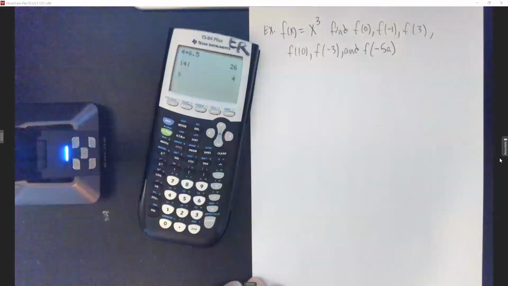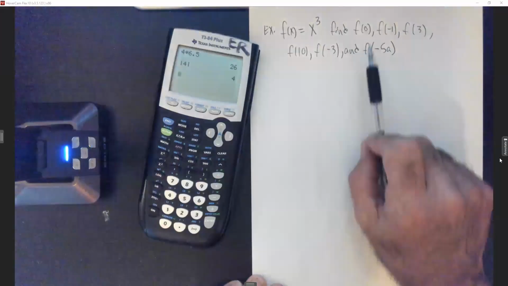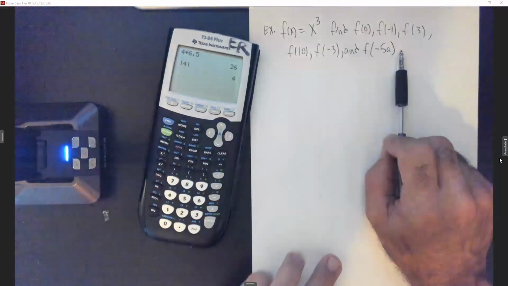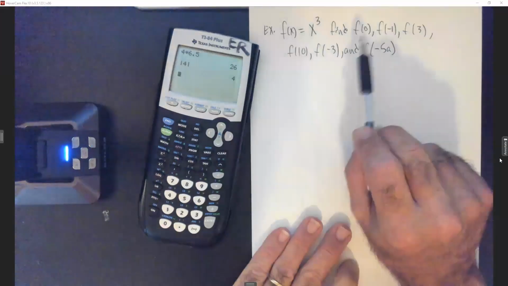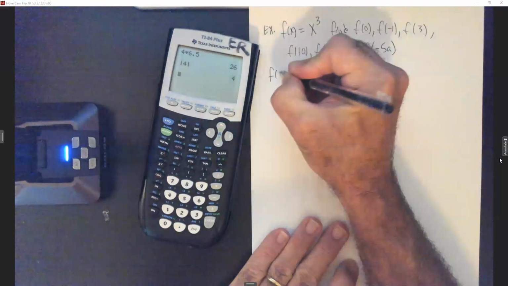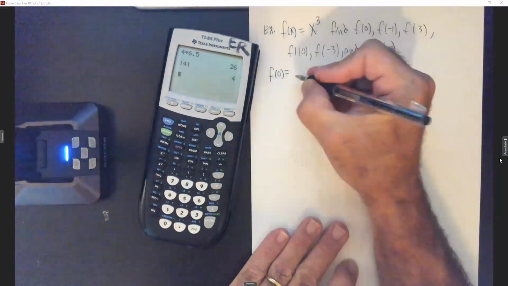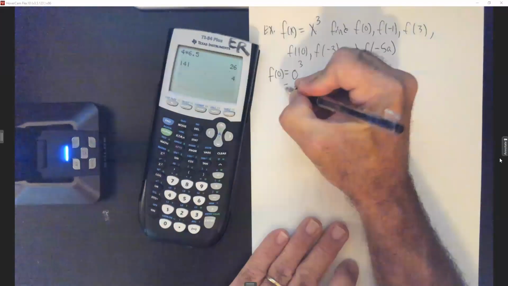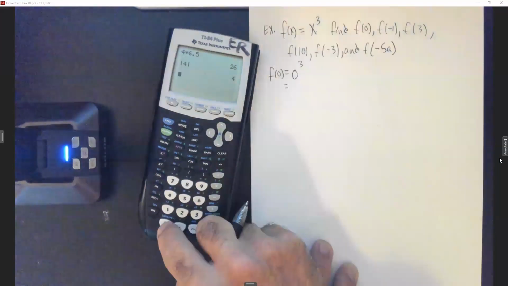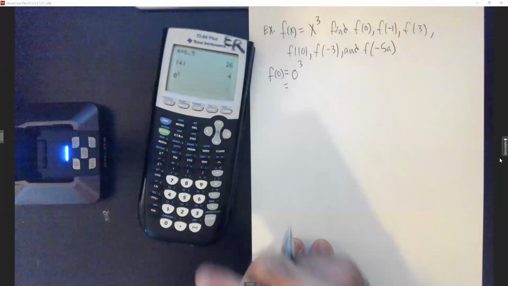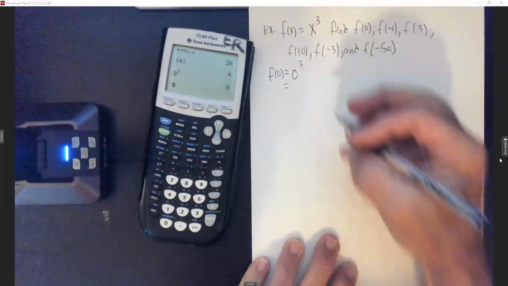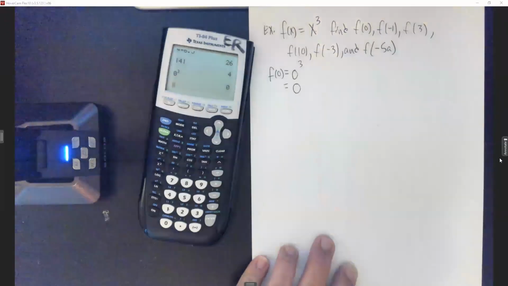All right, so this is basically 6 problems in one. Let me start with f of 0. That wants me to put a 0 in for that x, so I get 0 to the 3rd power. And y'all look at this, 0 to any power is going to be 0. So f of 0 is 0.